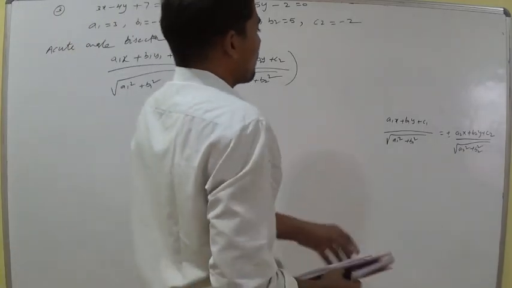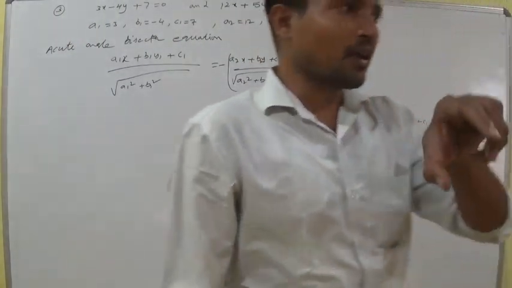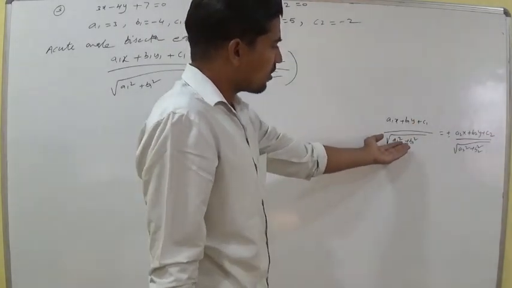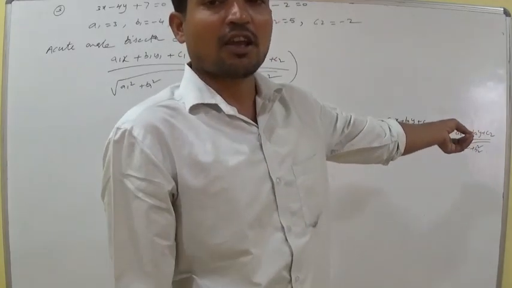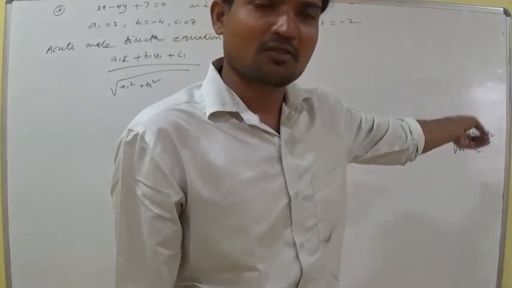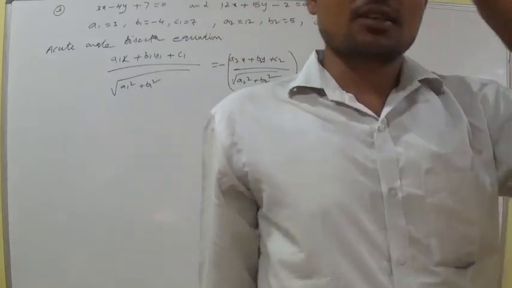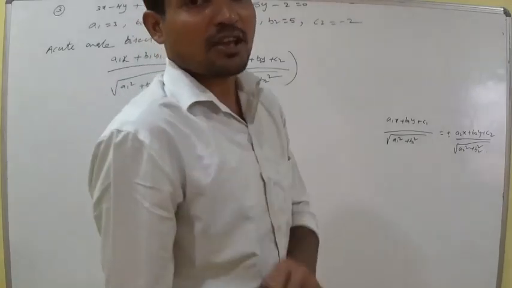We have the bisector equation of two pair of lines: (a1x plus b1y plus c1) by square root of a1 square plus b1 square equals plus or minus (a2x plus b2y plus c2) by square root of a2 square plus b2 square. To represent an acute angle bisector equation, we have to take the negative sign.